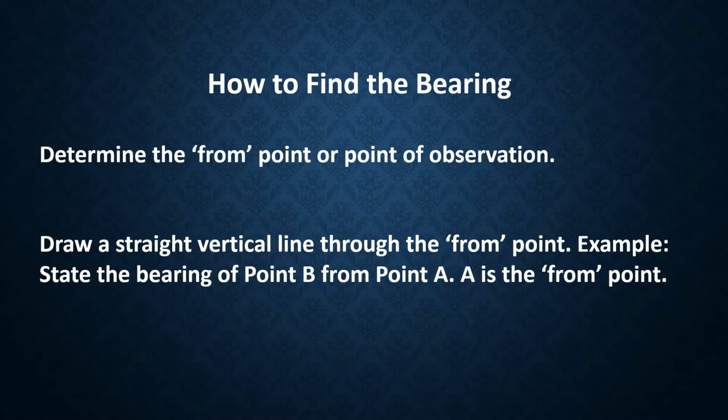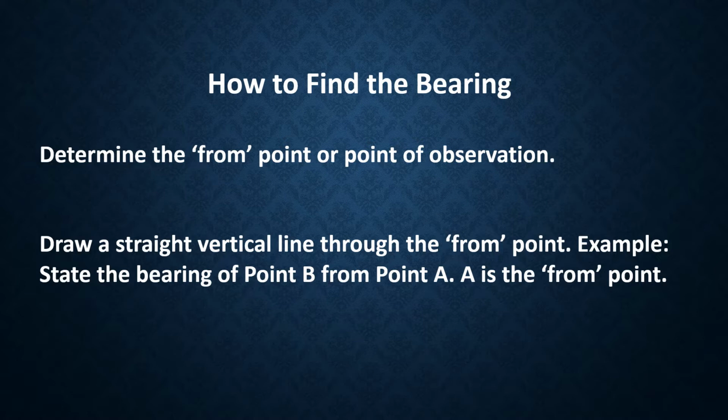All right, and this is the stated question. State the bearing of point B from point A. Now let me go again. State the bearing of point B from point A. Now if you listen carefully, you have 2 points, point B and point A. Now point A comes after the word from.